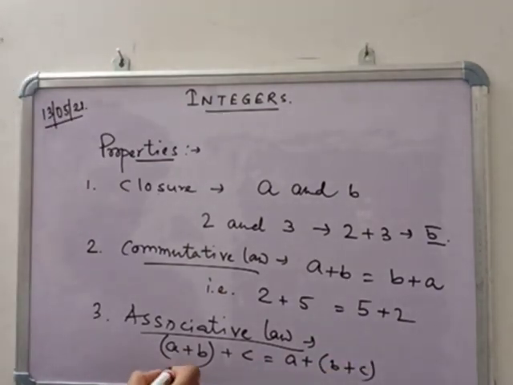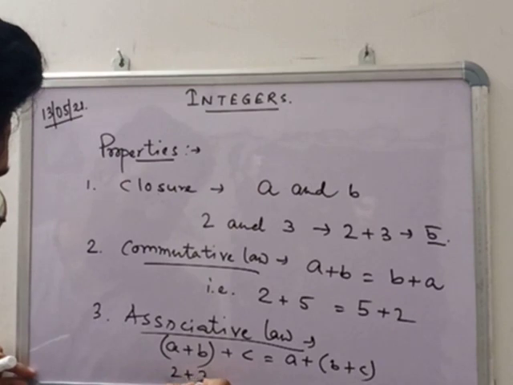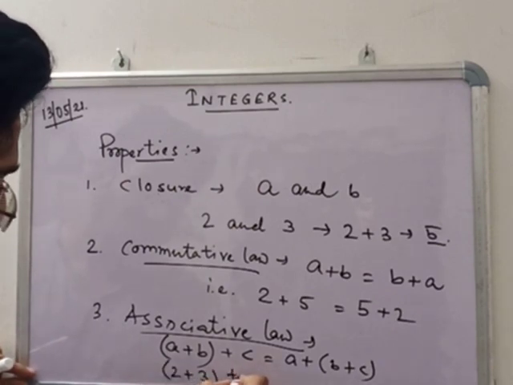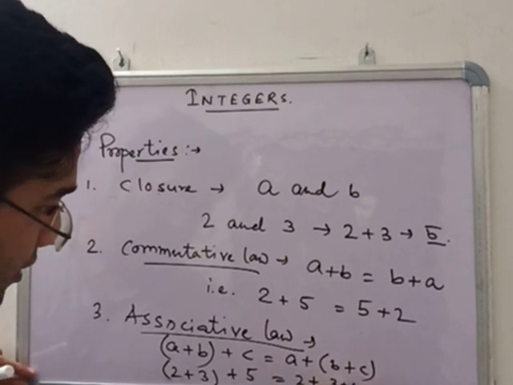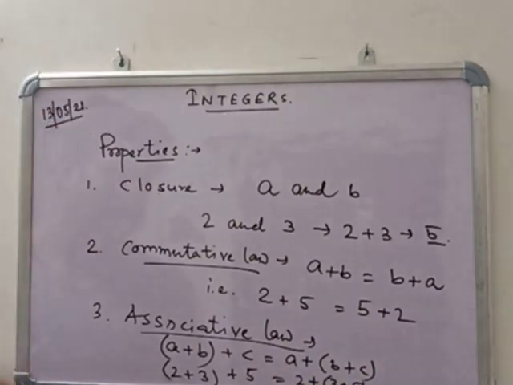If you choose 2 plus 3 plus 5, then 2 plus 3 equals 5, then 5 plus 5 equals 10.